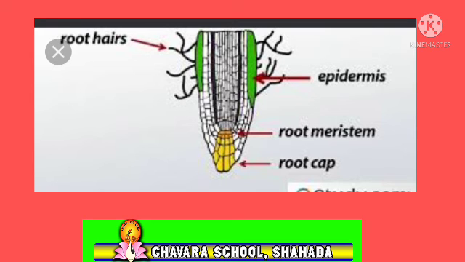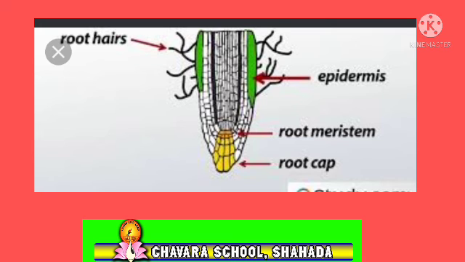But dear students, what is the speciality of this root hair? The cell wall, always remember, is freely permeable. What is the meaning of freely permeable? It allows all substances to pass through it. That is called freely permeable. But dear students, the cell membrane is semi-permeable.